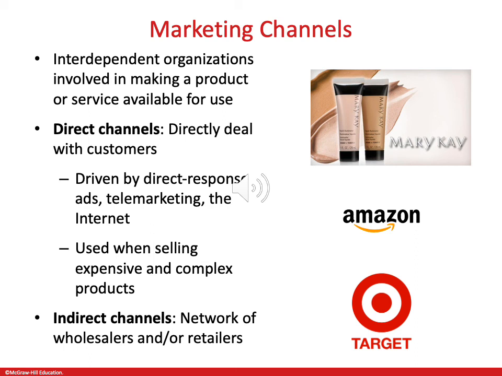Best example there is, of course, Amazon or maybe like a Mary Kay Cosmetics. So going directly to a specific segment of consumers, driven oftentimes by direct response advertising, telemarketing, or even certainly in the case of Amazon, the internet.